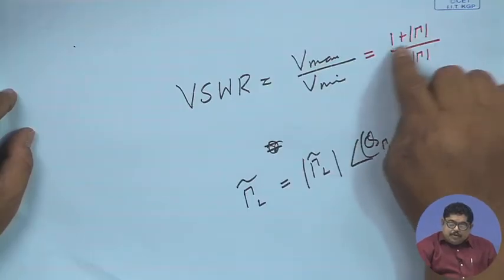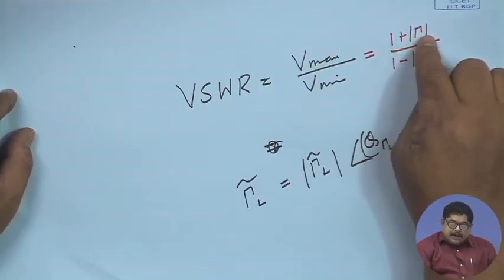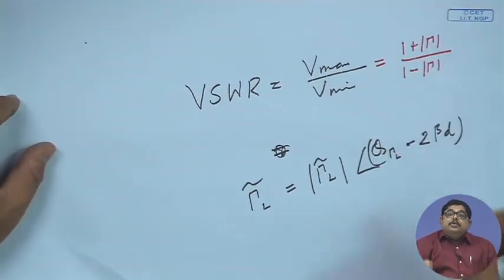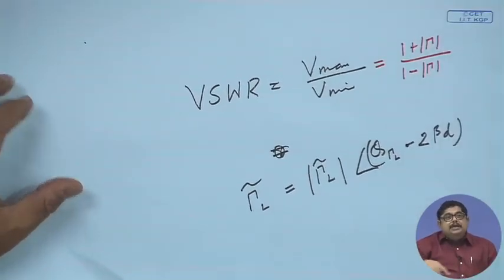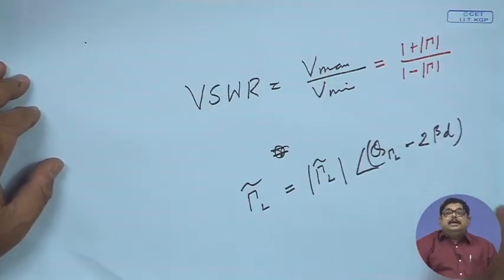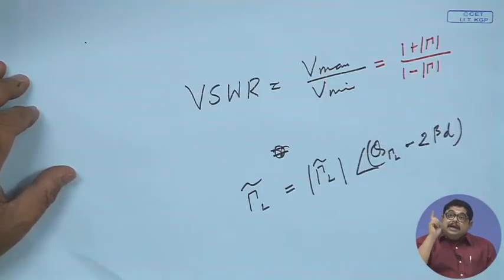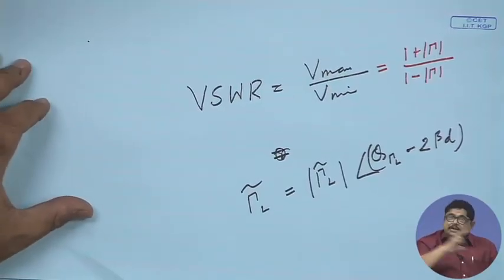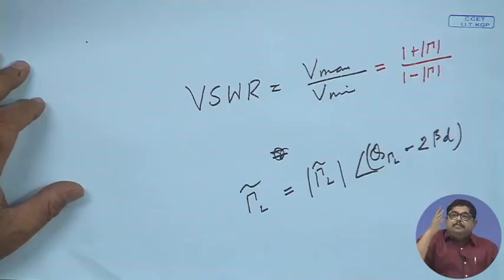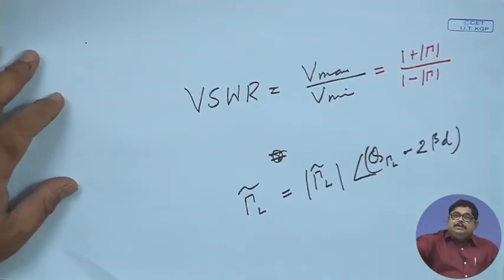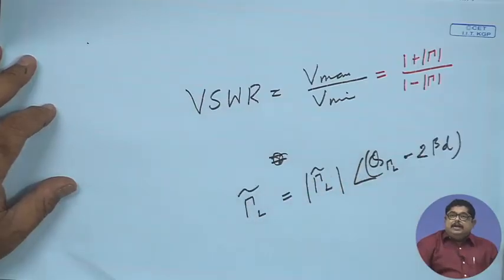So, if gamma bar remains constant, VSWR is also constant. So, that means when I am moving, the line reflection coefficient is changing, but basically I am moving on a circle, and that circle represents a constant VSWR. I said that if I move along a transmission line, VSWR does not change. It depends only on the load impedance and the characteristic impedance of the line.